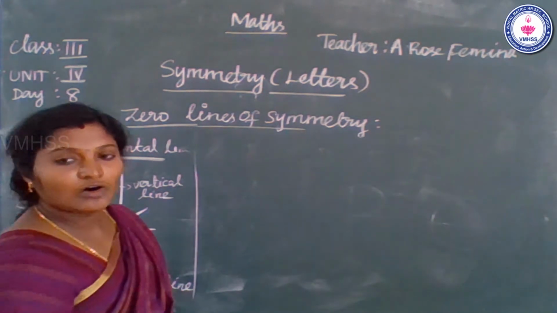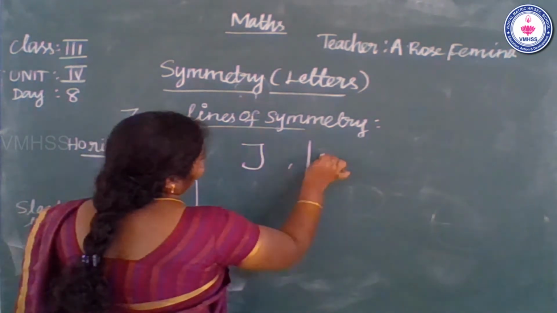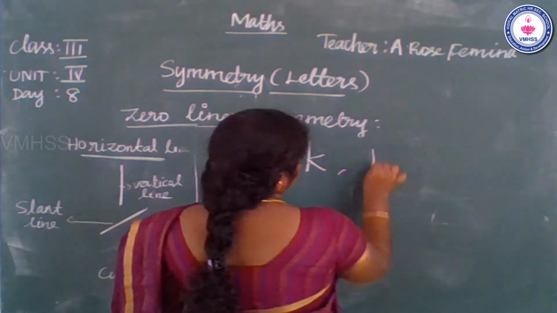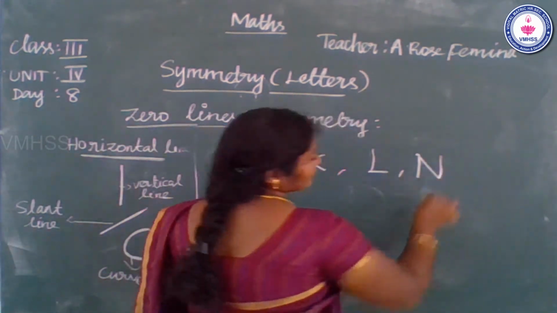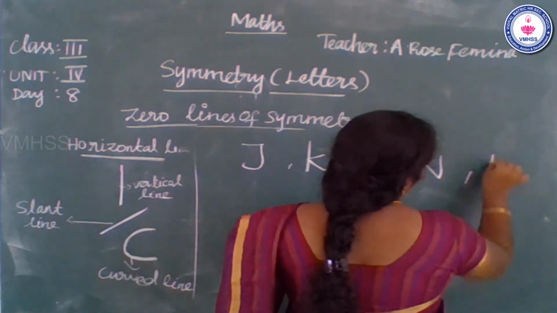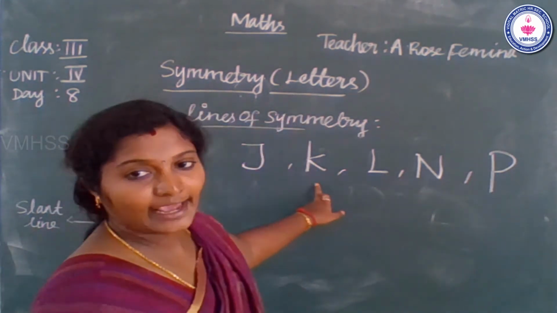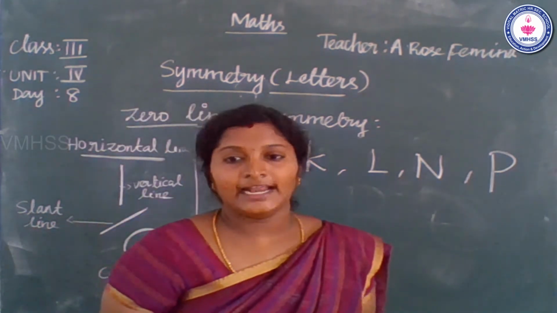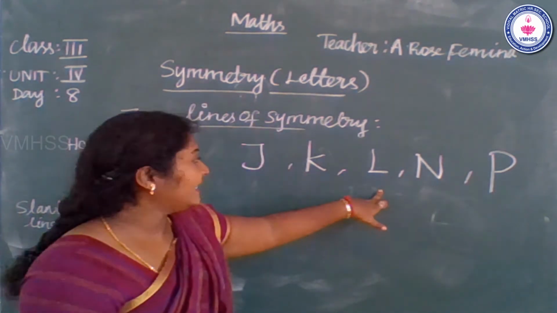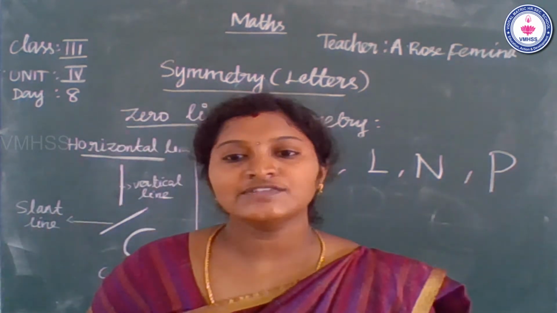The letters are J, K, L, N and P. So J, K, L, N, P have zero lines of symmetry.